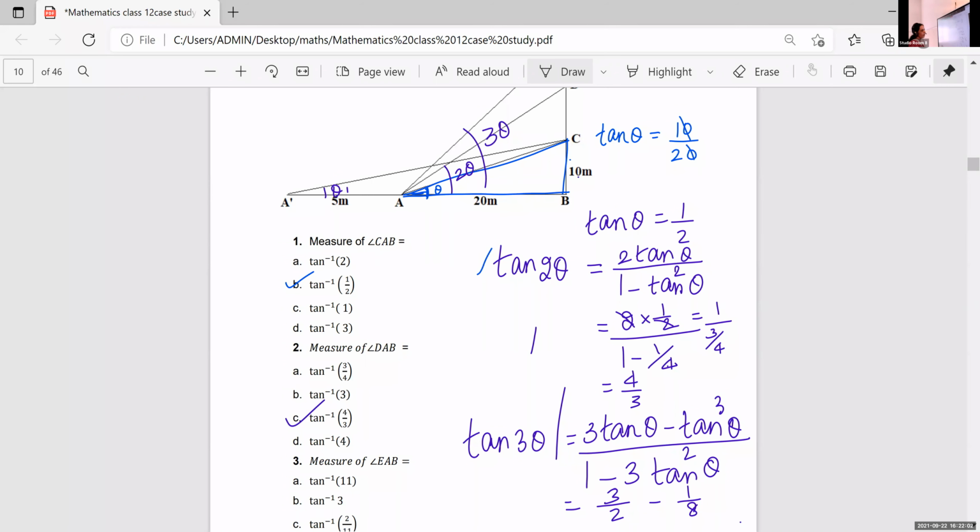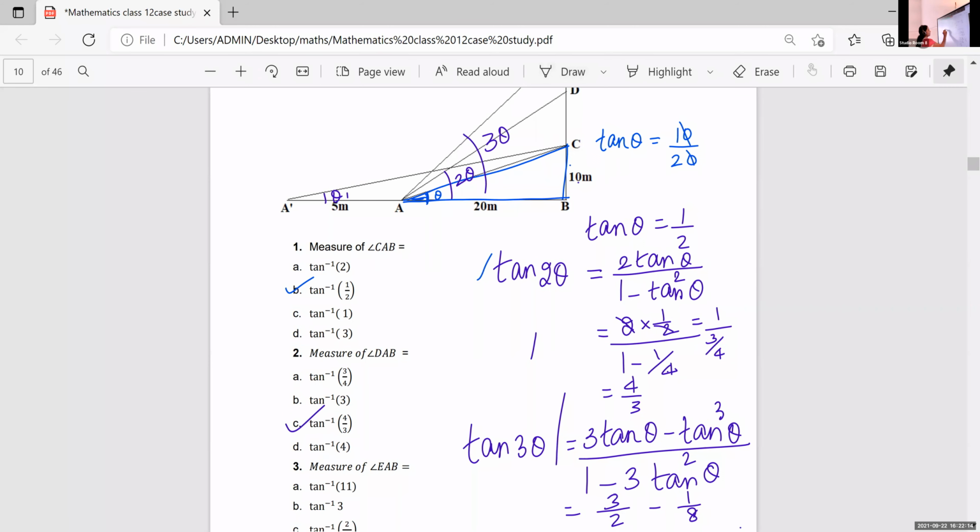As we move far away from the object, what happens to the angle of elevation? From this figure, you can check. This is the angle theta, and look at this part. It increases. Which one will be bigger?